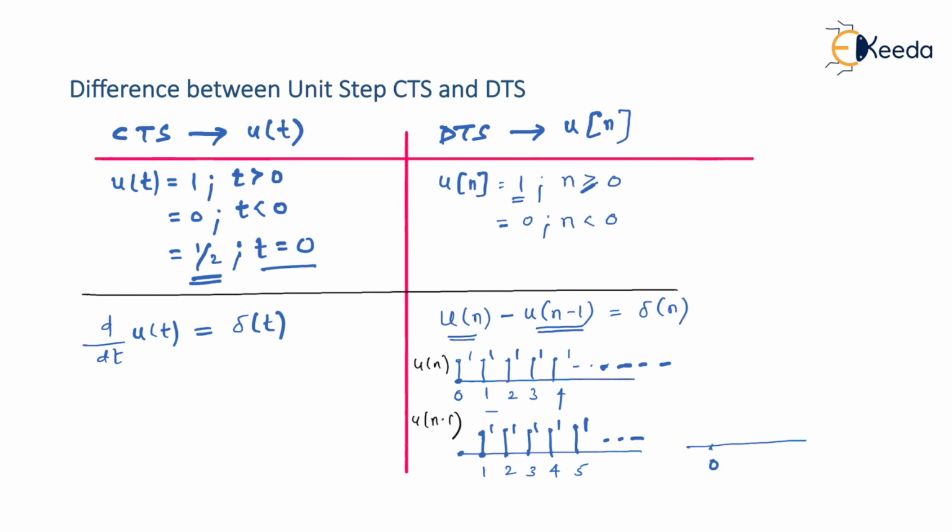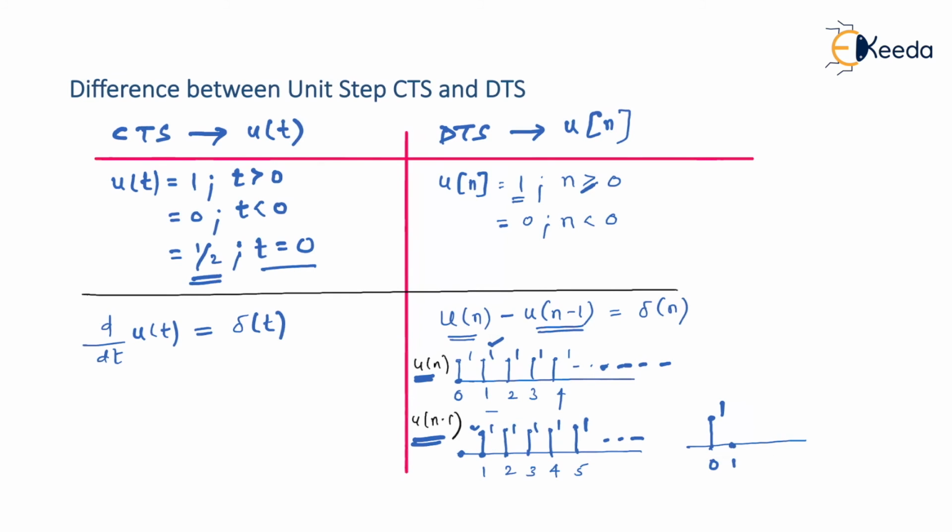At n equal to 0, the value of u of n is 1 and the value of u of n minus 1 is 0. So 1 minus 0 becomes 1. Now at n equal to 1, u of n is 1, and u of n minus 1 is also 1. If you subtract 1 minus 1, you get 0. So you'll get nothing at 1.